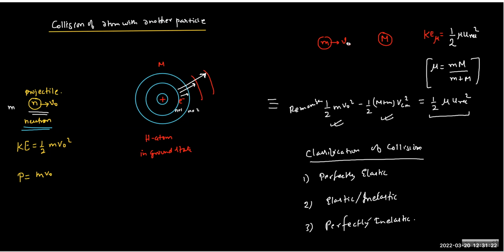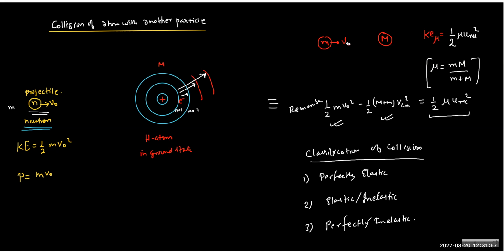So there is a simple rule in the world of atoms: we cannot take away the energy of the center of mass. So we have some money left in our pocket, and the money left in our pocket is half mu u relative whole square. This is called the free money, the free energy, if you remember. If you consume this free energy completely, we call it perfectly inelastic because you have just eaten away the energy.